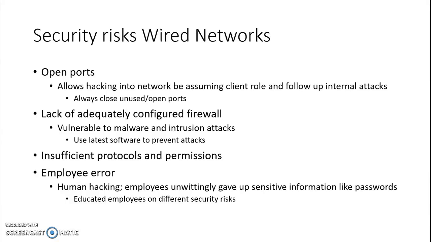And you always want to close unused open ports. A lack of adequately configured firewall makes it vulnerable to malware. You should use the latest software to prevent these attacks. With employee error, human hacking of employees can cause them to give up sensitive information. So you must ensure that employees are educated on different security risks.